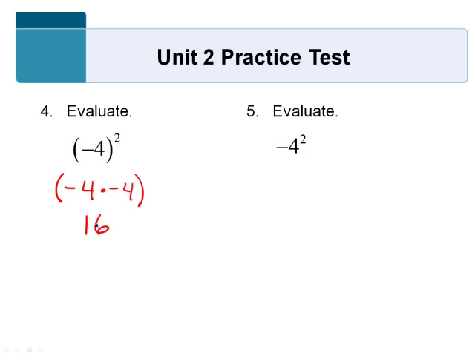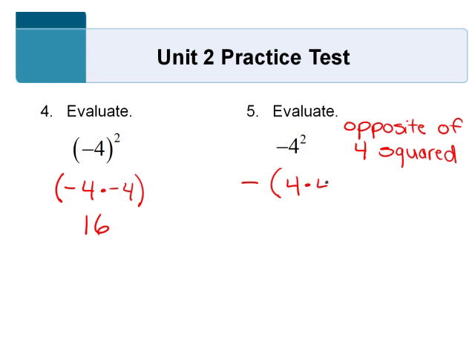Now, number 5 is the hard one. This is so hard to keep in your head and keep it straight. Basically, what this is saying is because it's not in parentheses, it is the opposite of 4 squared. And that is so hard to keep straight. So, what you're doing is you're keeping the opposite sign out front and you're squaring just a 4.